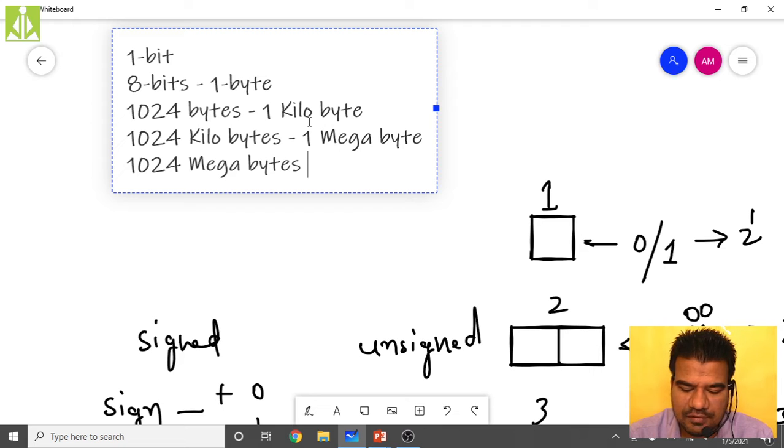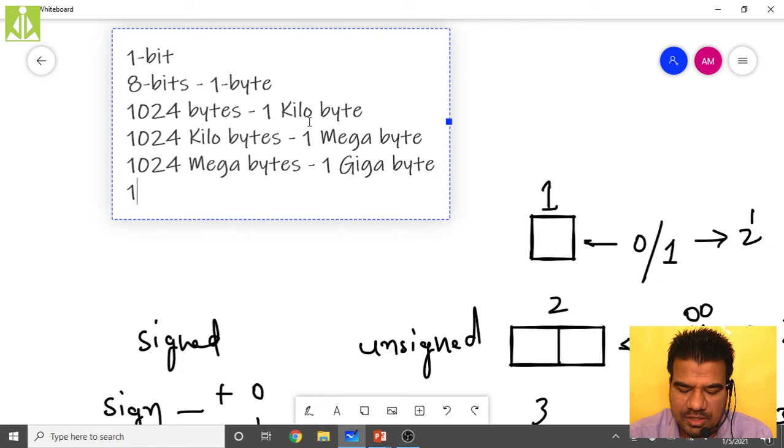Same thing, 1024 gigabytes will become 1 terabyte.